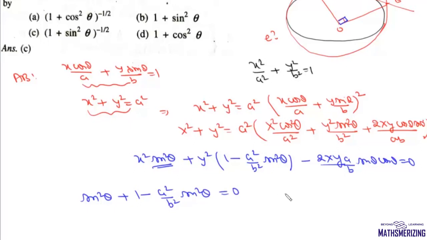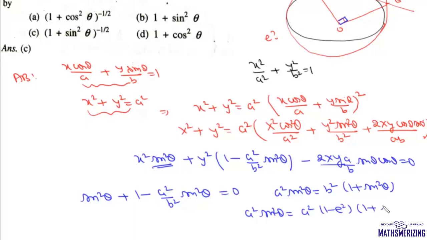So we can write this as a square sin square theta equals b square (1 plus sin square theta). Now we need to find the eccentricity. We know that b square is a square into (1 minus e square). So we'll write a square sin square theta equals a square (1 minus e square)(1 plus sin square theta). Now a square will cancel.